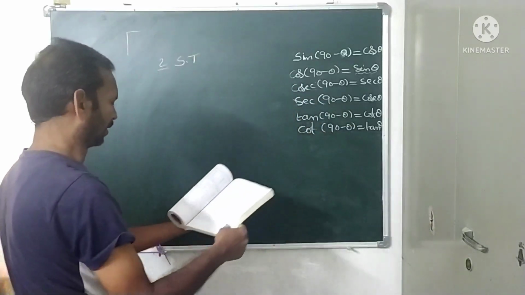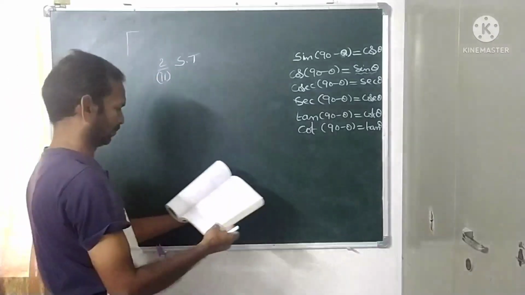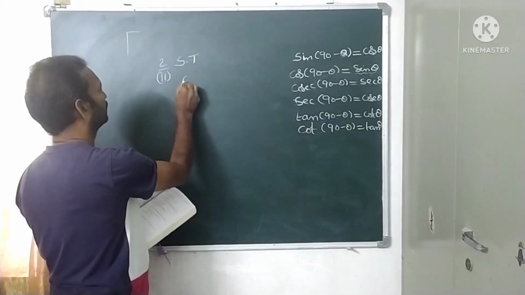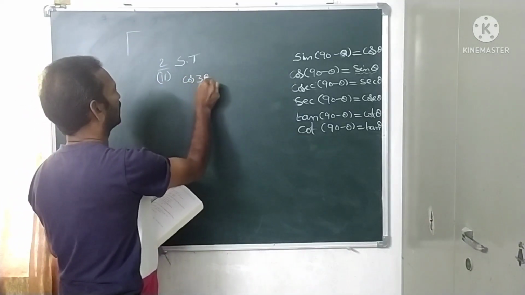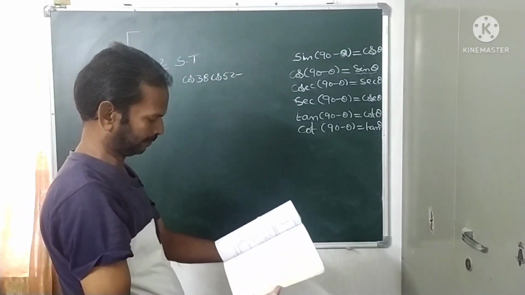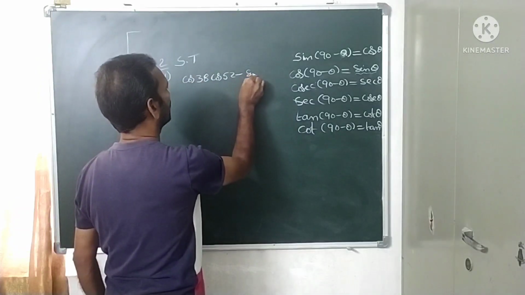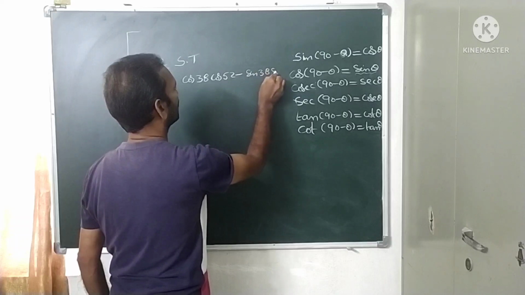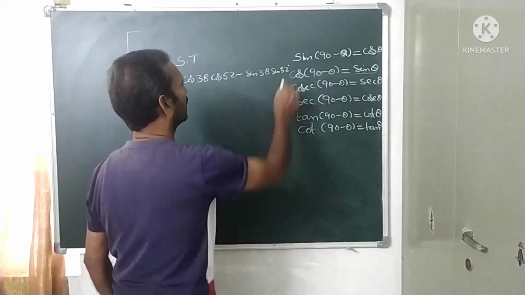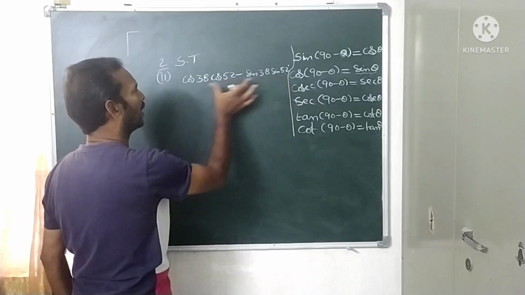Now in this second sum: cos 38 cos 52 minus sin 38 sin 52 is equal to 0, that you have to prove. This is one term and this is one term, any one you change.